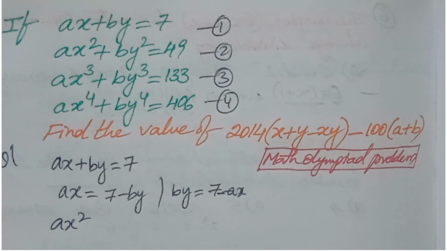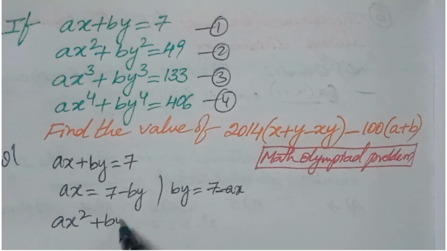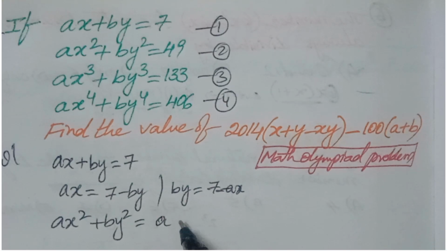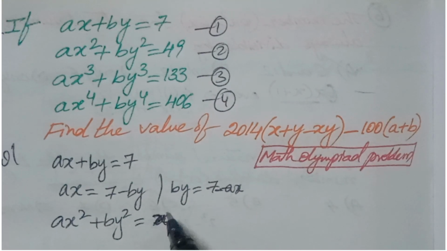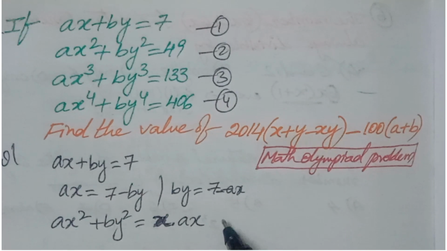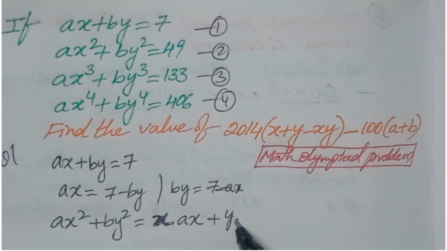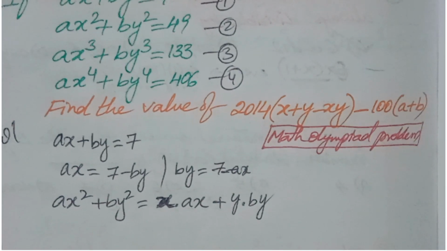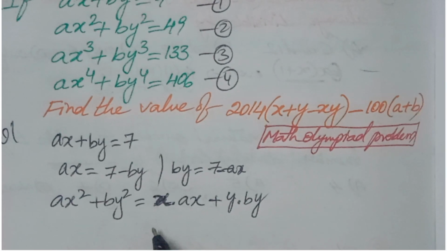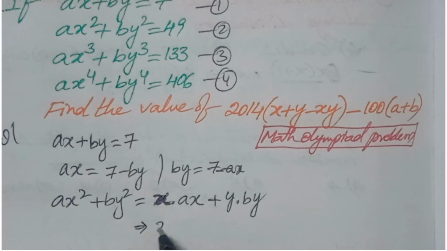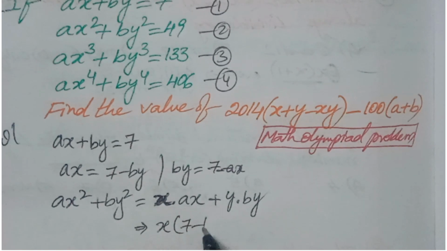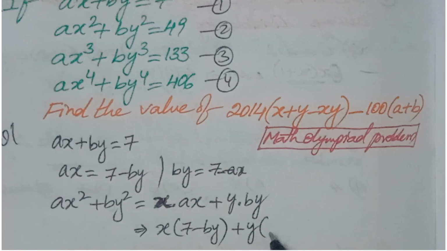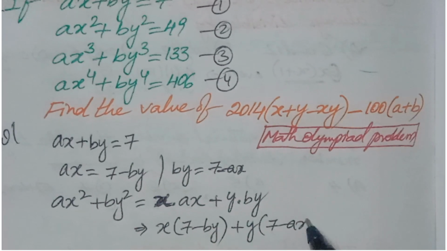So here the second equation, ax square plus by square, you can write as x into ax plus y into by. In the place of ax, I am writing the value of ax from above: x into (7 minus by) plus y into (7 minus ax).